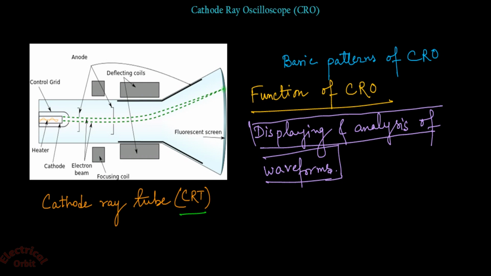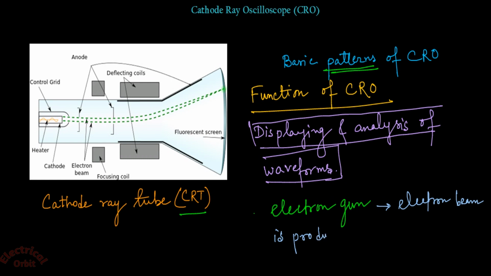A very important component for creating the pattern at the CRO is the electron gun, by which the electrons are emitted and a beam called the electron beam is produced, like this shown in the diagram. This beam hits this screen.